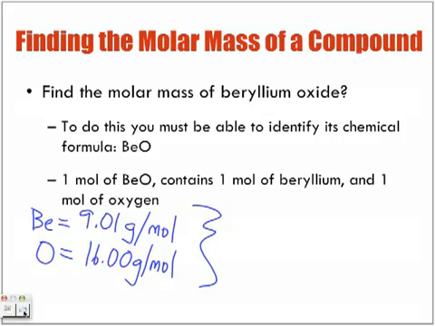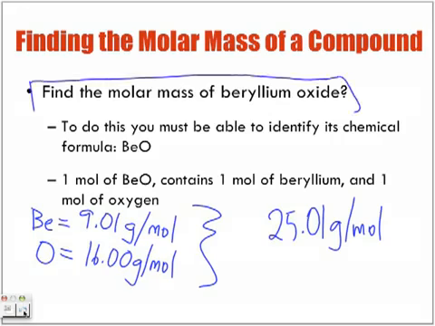You add them, and so we get, what is it? 25.01 grams per mole. Okay. But least number of significant digits, well, we don't have it in the question, so pretty much just keep those numbers. Okay, there's no number in this question.